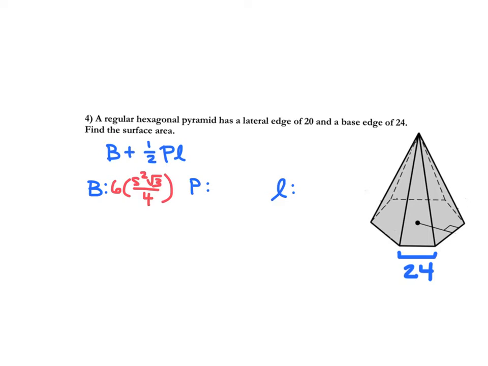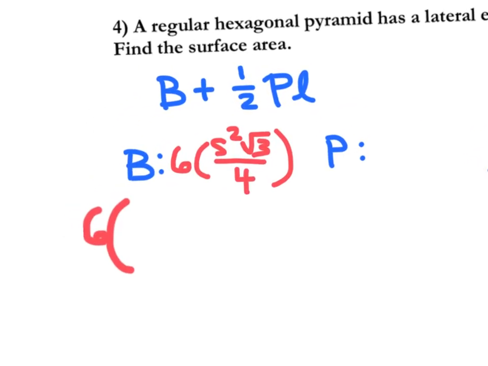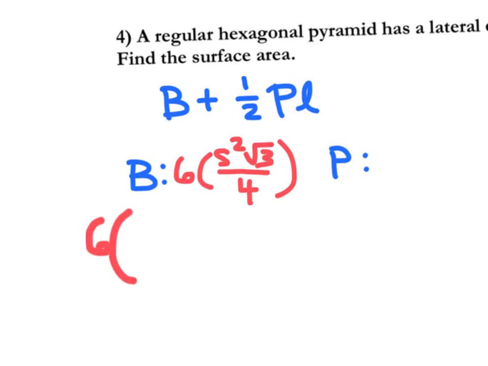It says it has a lateral edge, okay, which is this piece right here, of 20. Okay. So going back to this, guys, we're going to have for my base 6 times s squared is going to be 24 squared root 3 over 4.